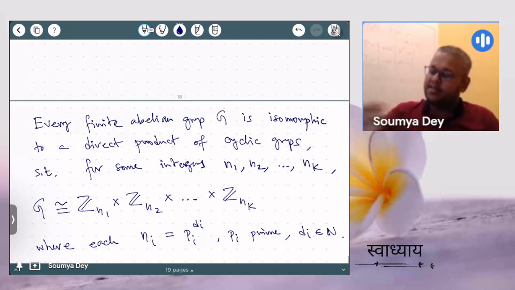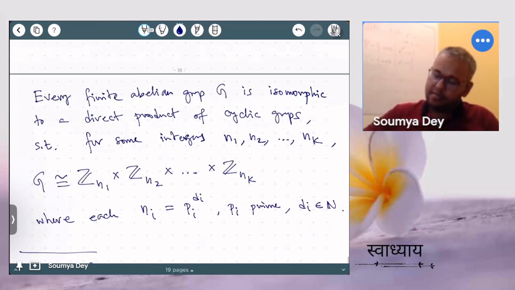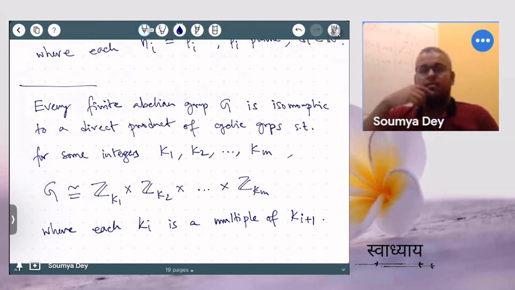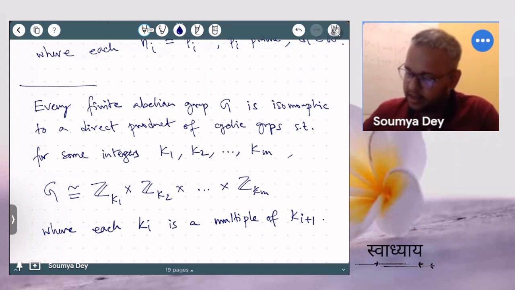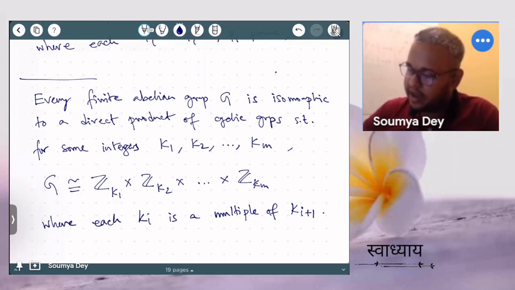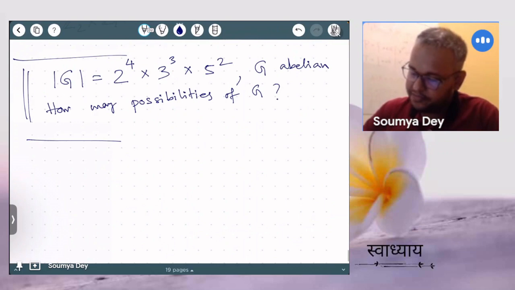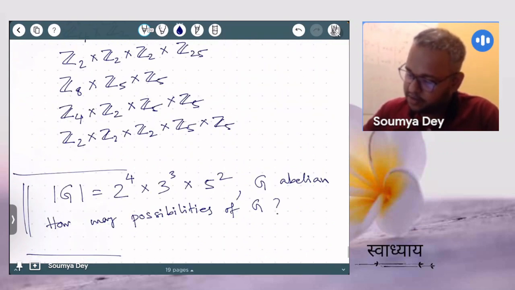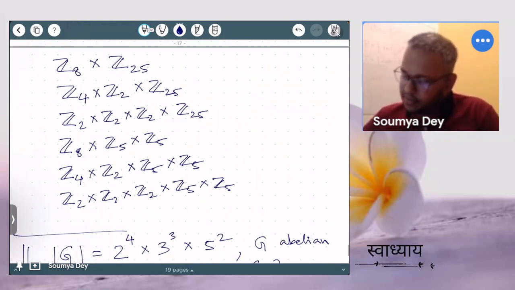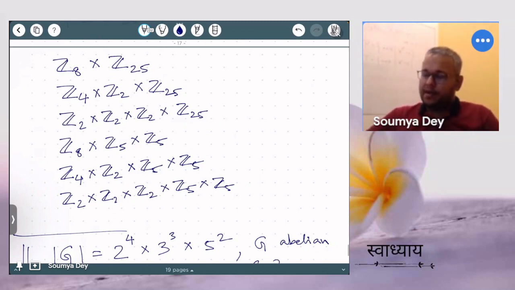How do you get the next form? Let us take some examples and try to convince ourselves. So for example, you look at these. These are all abelian groups of order 200. We have just seen.